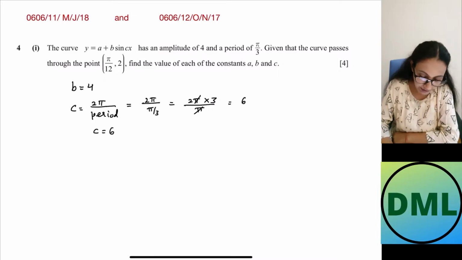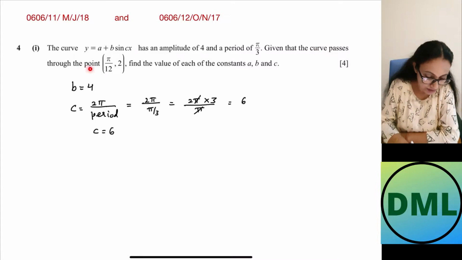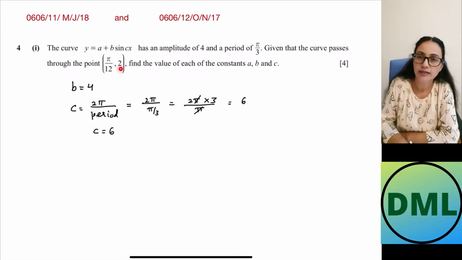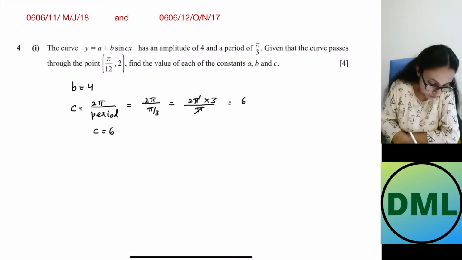They have given us that the curve passes through the point pi by 12, 2. The x coordinate is pi by 12 and the y coordinate is 2. Let's substitute this value in our curve. So our curve will become 2 is equal to a plus b sine cx. x is pi by 12.